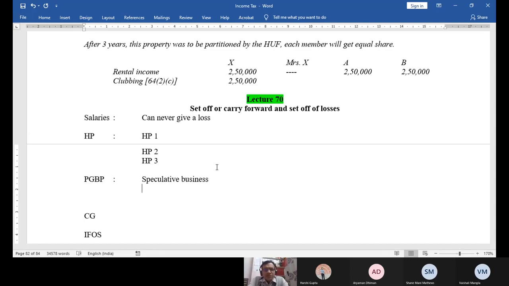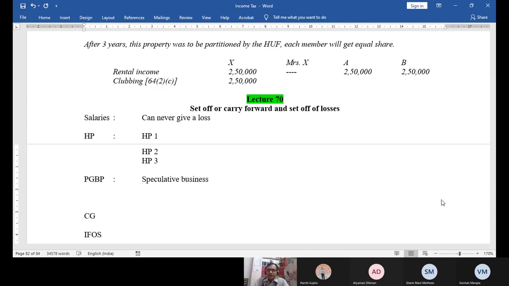You are speculating that when this happens, there will be this much income. I will show you section 43 clause 5 later on, which defines what a speculative transaction is.